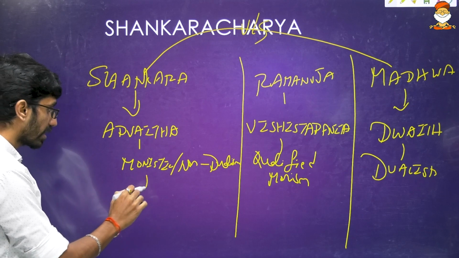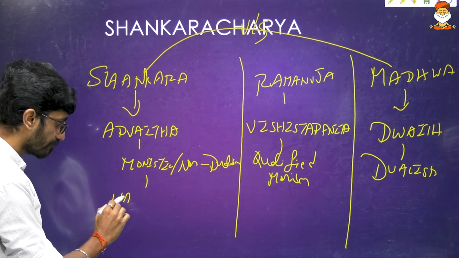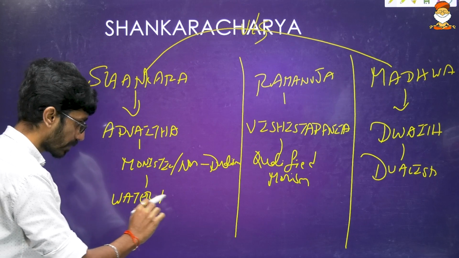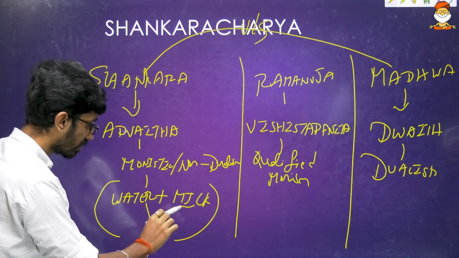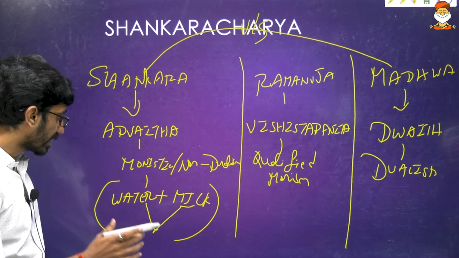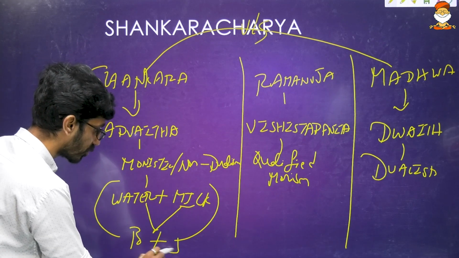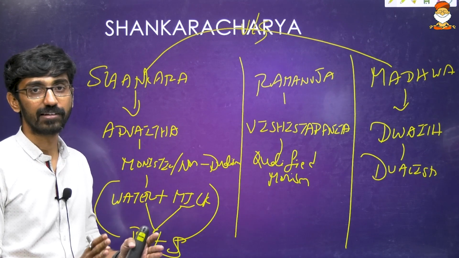What is Advaita? We can understand it through the example of water and milk. When you mix water and milk, you cannot differentiate between the two. That is what Brahma and soul are. Both are the same.